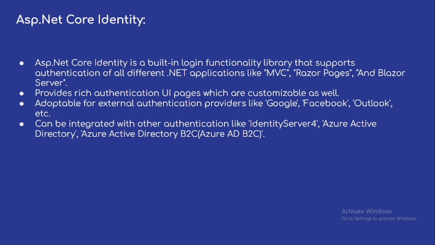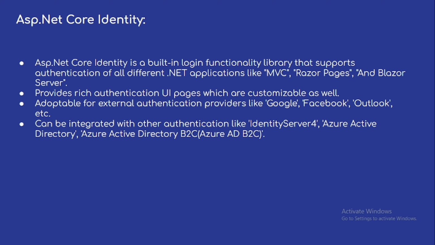Means by default, we will have all the pages like registration, login, forgot password, all authentication related pages available through ASP.NET Core Identity. And if we want to customize them, we can do it.